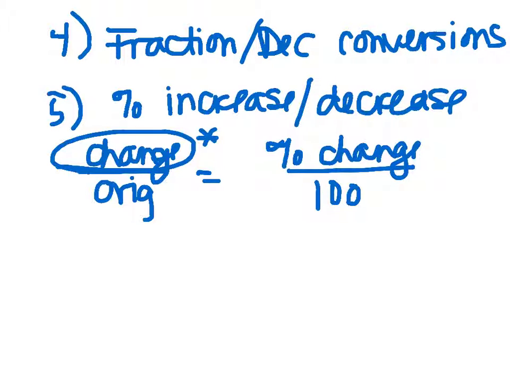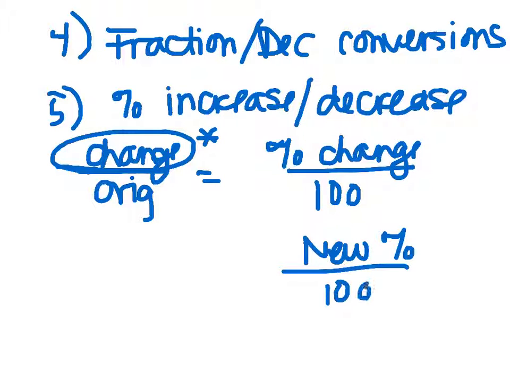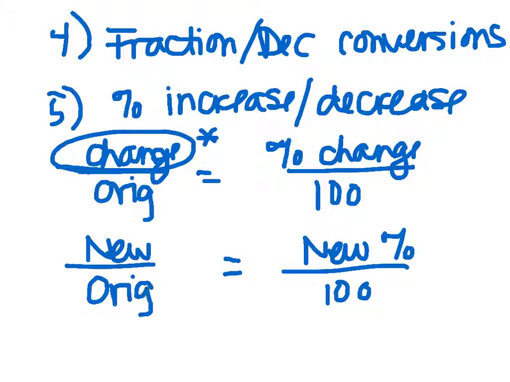If you do the new percent out of 100, you will have the new price over the original. New needs to go with new, change needs to go with change. Your answer is not complete if you don't understand what you have solved for.